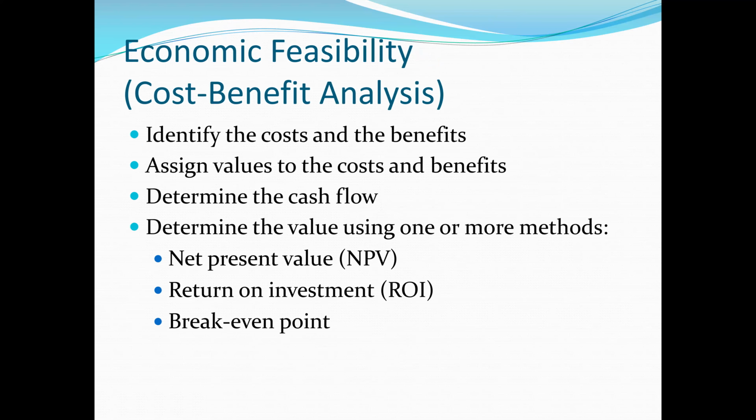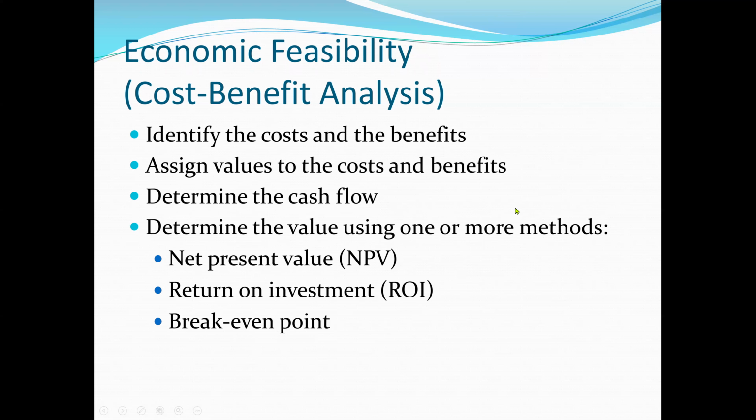So next will be the economic feasibility, sometimes also called the cost and benefit analysis. Economic feasibility, which is the second element of feasibility analysis, normally will identify the financial risk, and analyze the costs and also the benefits.